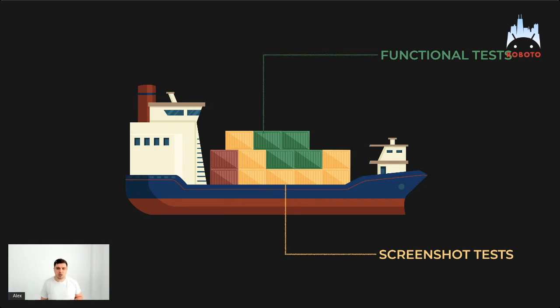And we can see we can have only functional test and screenshot test. So functional test can use mock or fake data and check everything in the app. And it already will be great. With screenshot test, we can check pixel perfectness. But the main problem here is that we don't verify interaction with a real server.